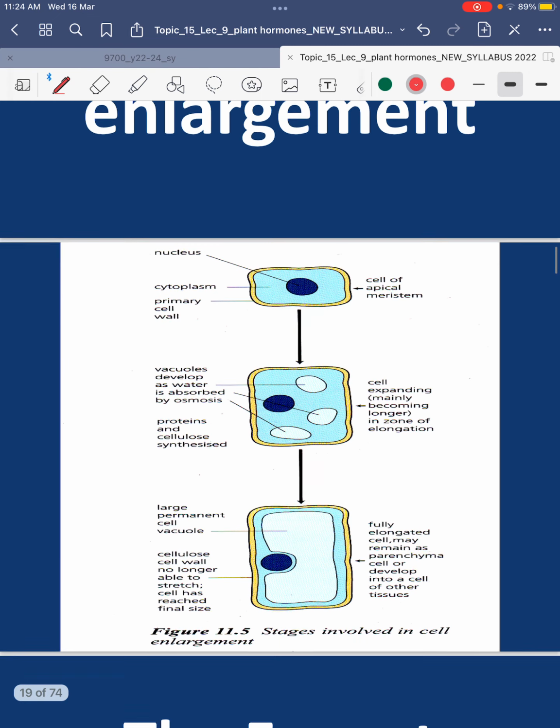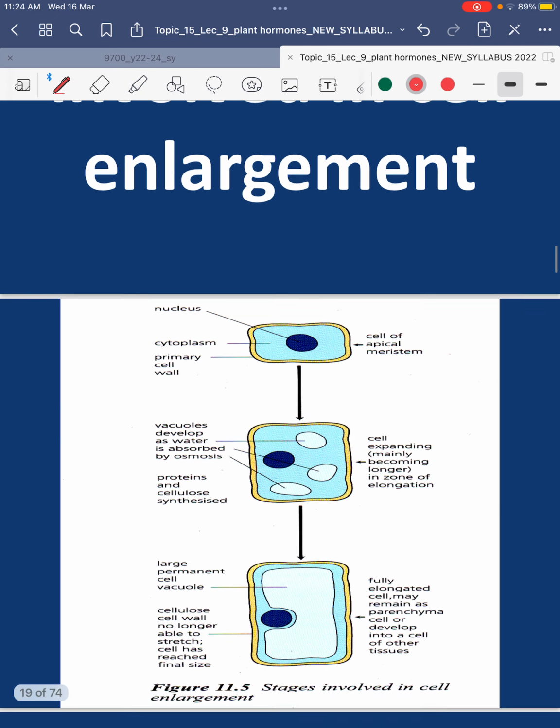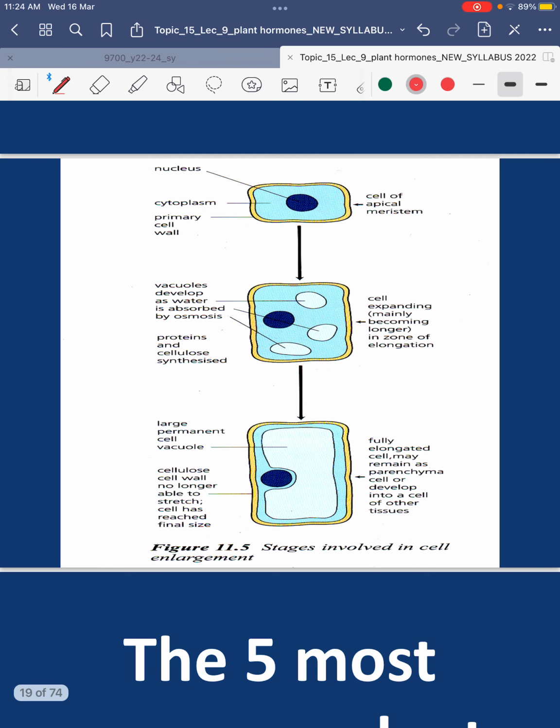So this is a recap of so this part here is zone of cell division, zone of elongation, and zone of differentiation.